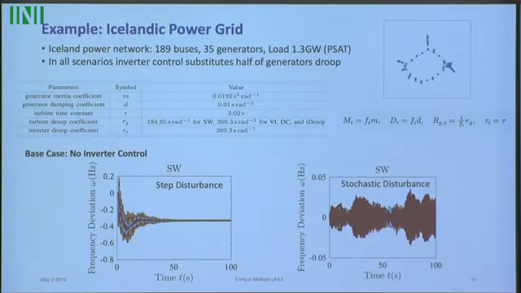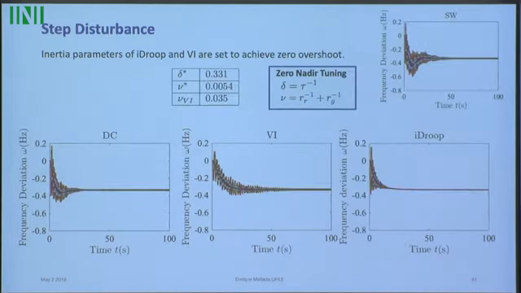But let's look at a system that actually has low inertia, like the Icelandic power grid. So what I'm going to do is introduce step changes and stochastic disturbances to the grid, and look at how these different controllers work. This is the zero nadir tuning that I mentioned before, the one that cancels the effect of the turbine.